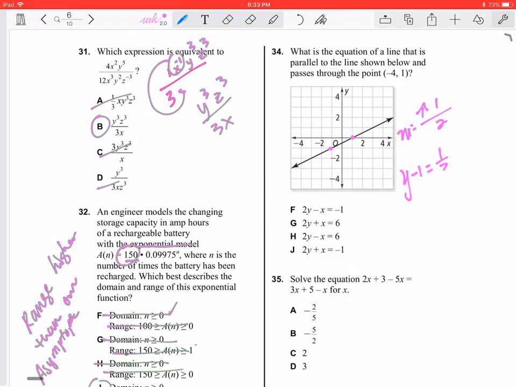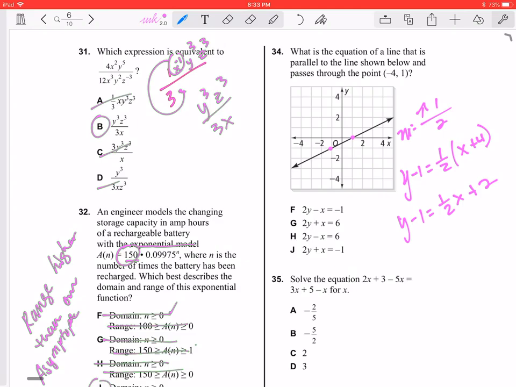That's going to be y minus 1 is equal to 1/2 times x plus 4. I'm going to distribute, because all of our answer choices are in standard form, so we need to make everything standard. So this is going to be y minus 1 equal 1/2 x plus 2.